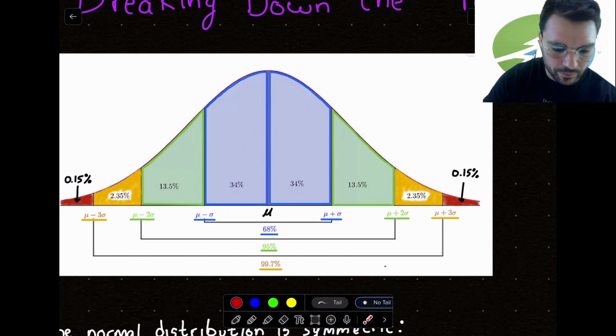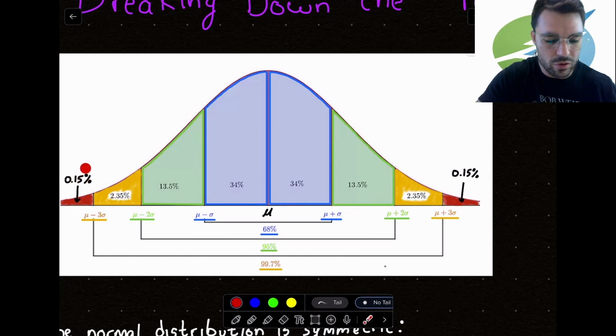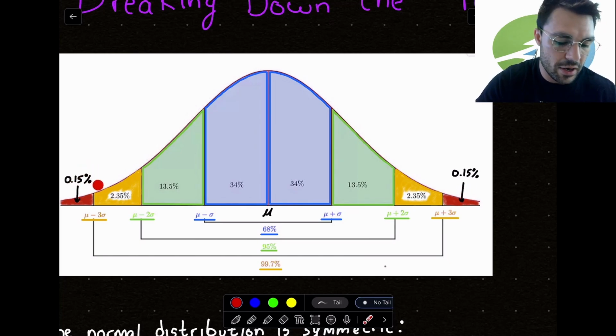And then just at the end, to the left of the mean minus 3 standard deviations, we have 0.15% of the data. Likewise, beyond the mean plus 3 standard deviations, 0.15% of the data. That accounts for the little extra we're missing here to give us a full 100%.